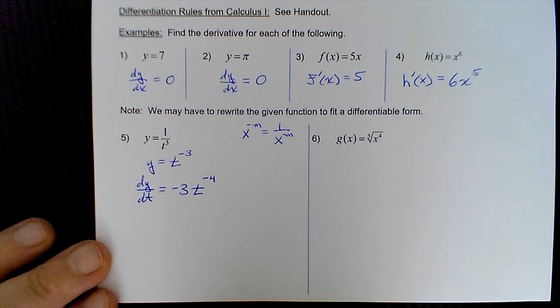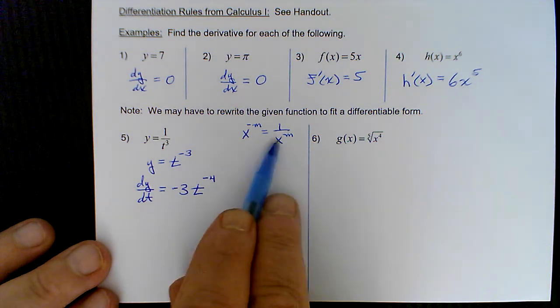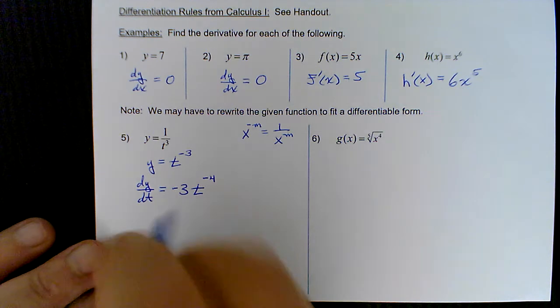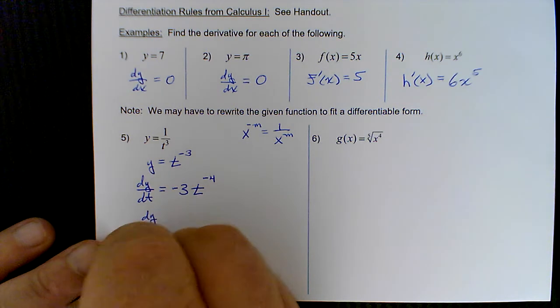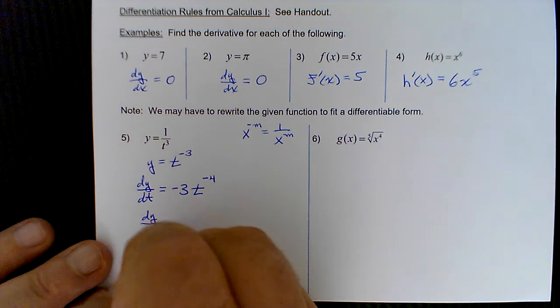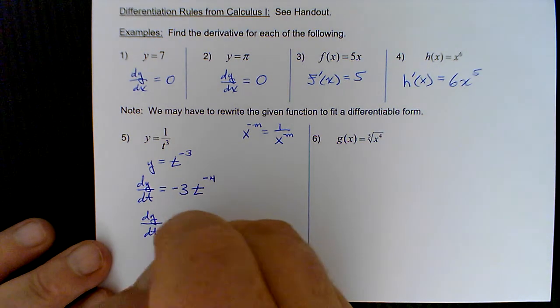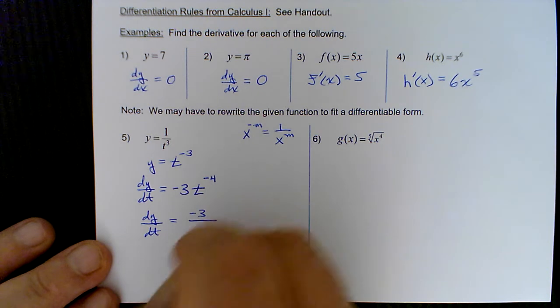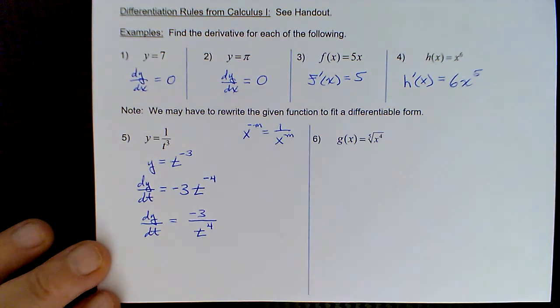And one agreement we need to have from the start here is that I will not accept negative exponents in the final answer. So you have to get rid of the negative exponent. We're going to use this rule once again in reverse now, the reverse of what we did the first time. Now the negative 3 stays in the numerator, and t to the negative 4th shifts to the denominator as t to the positive 4th.